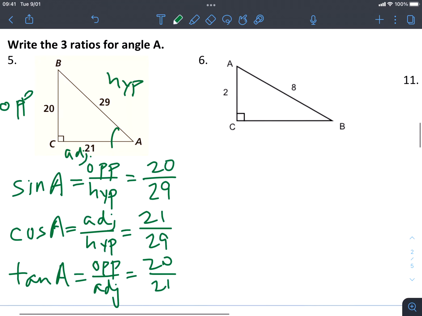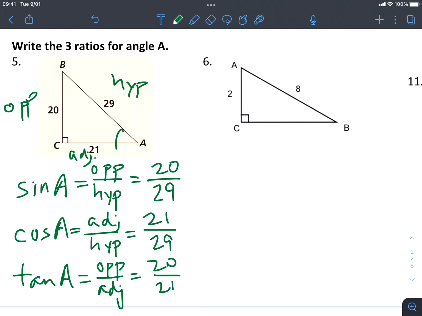Now, I'm going to introduce to you how to solve this problem here, but we're not going to go through it. So if I'm given a triangle like this, a 2 and an 8, and I'm missing a side, and I don't know the angle measures so I can't use special triangles, I'm going to use the Pythagorean theorem.